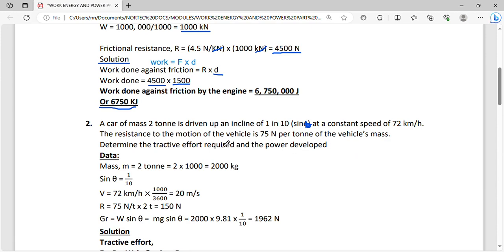The resistance to the motion of the vehicle is 25 newtons per ton of the mass. Determine the tractive effort required and the power developed.